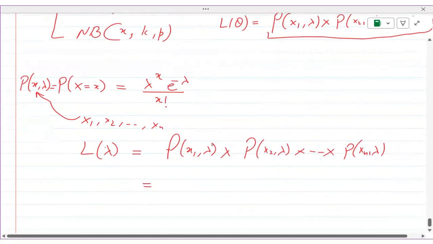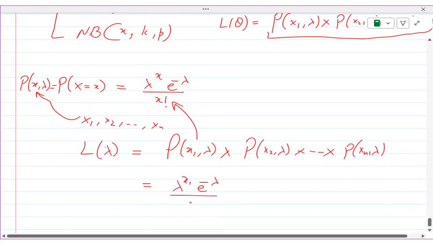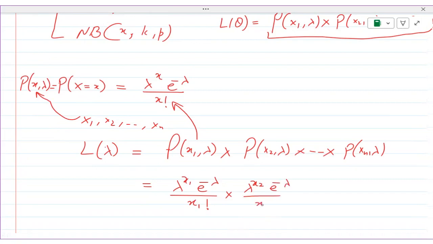In place of x, first put x1. So lambda power x1 into e power minus lambda divided by x1 factorial, into lambda power x2 e power minus lambda divided by x2 factorial, and so on, lambda power xn e power minus lambda divided by xn factorial.